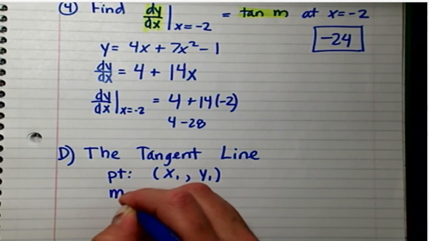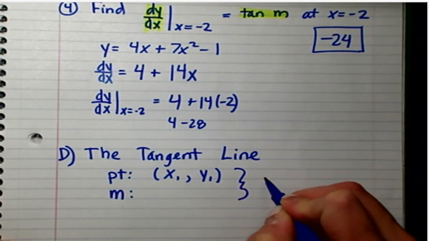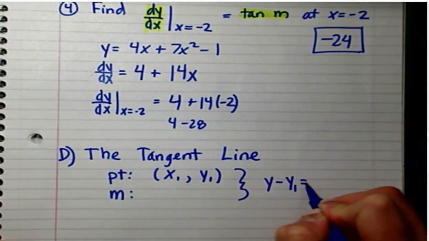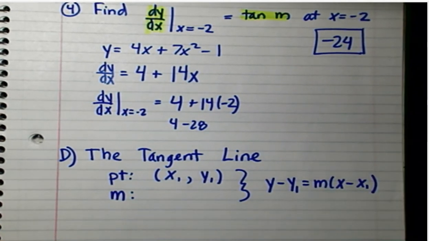And you need a slope. Okay. Point and slope. y minus y1 equals slope times x minus x1. That's the equation of a line. That is the equation of an Algebra 1 line, maybe an Algebra 2 line, definitely a pre-calc line. So now we're going to make it calculus.